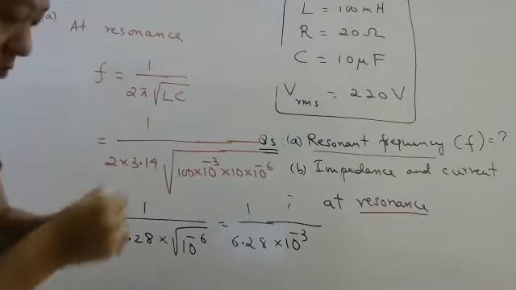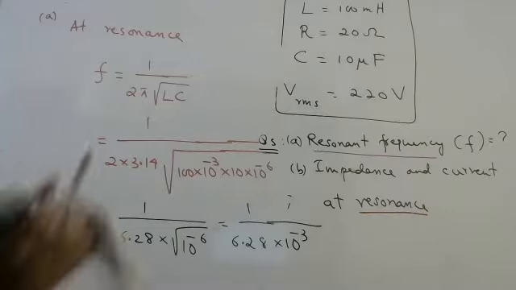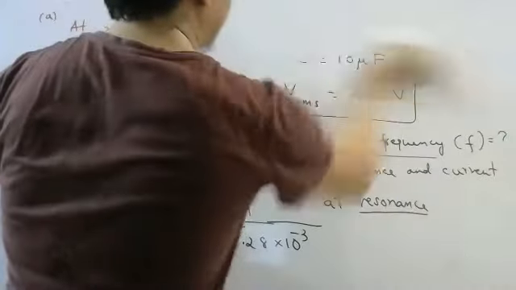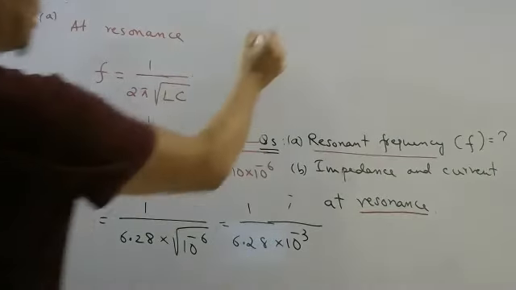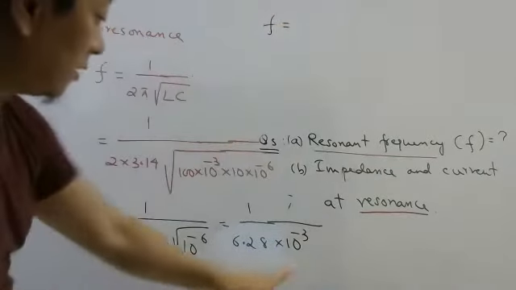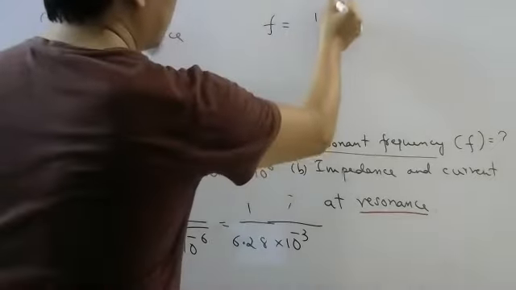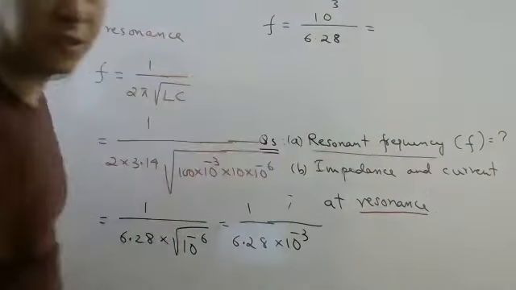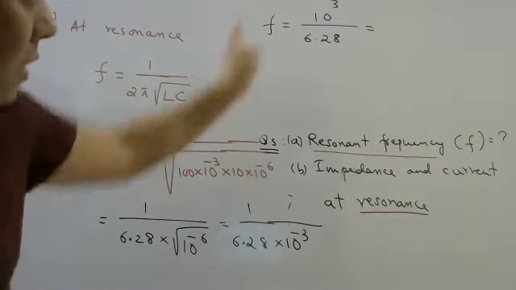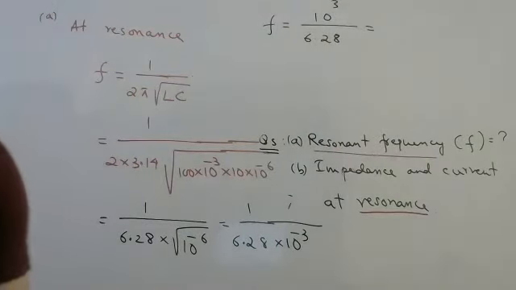So let me write it down here. So the first part, the resonant frequency: the minus 3 goes up, so 10 power plus 3 divided by 6.28. So now it is easy, right? You have to divide 1000 divided by 6.28.